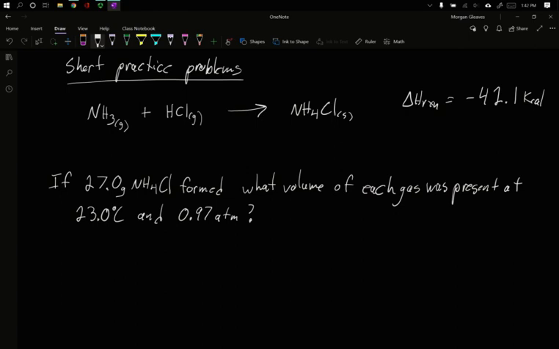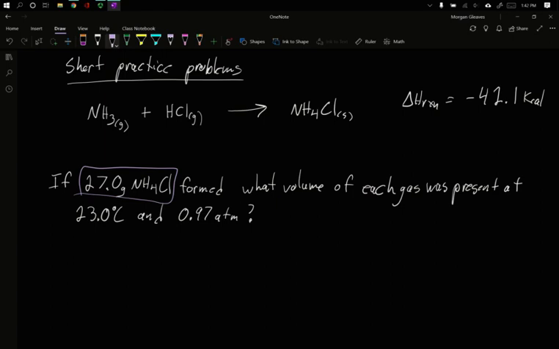All right, if you're back, to start, if I want to know something about the starting materials, I need information about them. I'm not given any masses, I'm not given any moles. In fact, the only compound on here I'm given amounts of is my product. I have 27 grams of ammonium chloride.